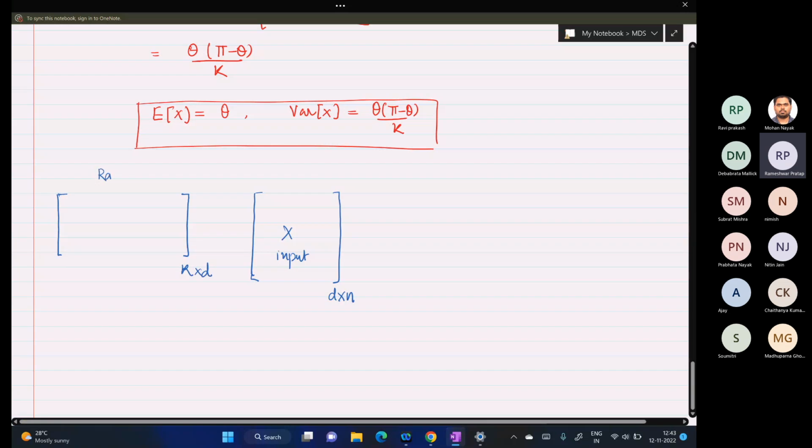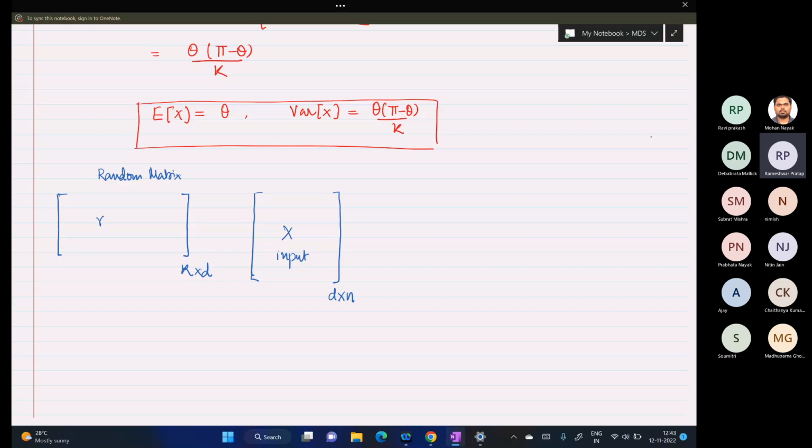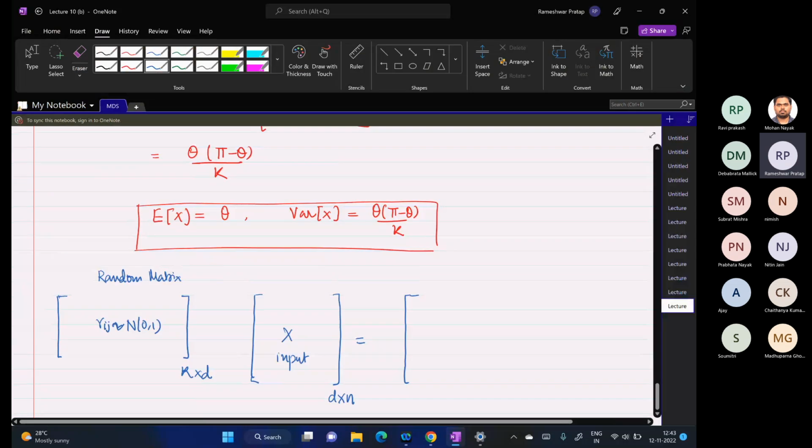This is a random matrix whose each entry Rij is sampled from a normal distribution, right? We multiply these two matrices and the resultant matrix is of size k cross n.